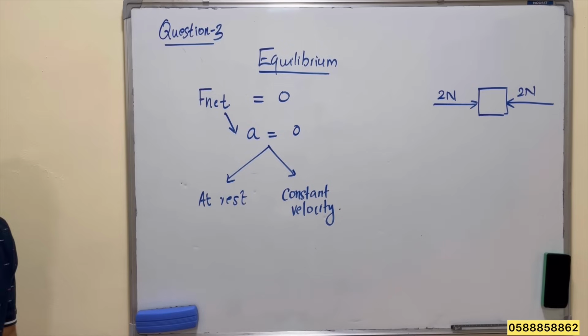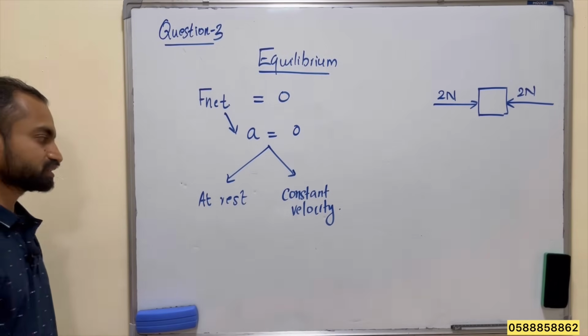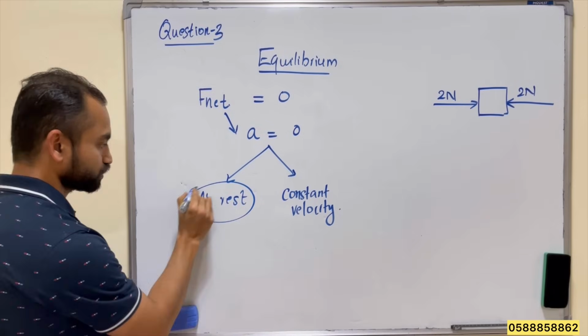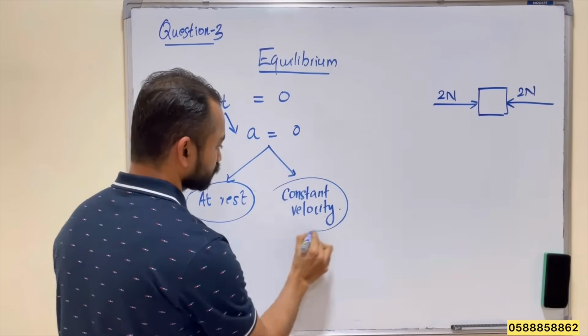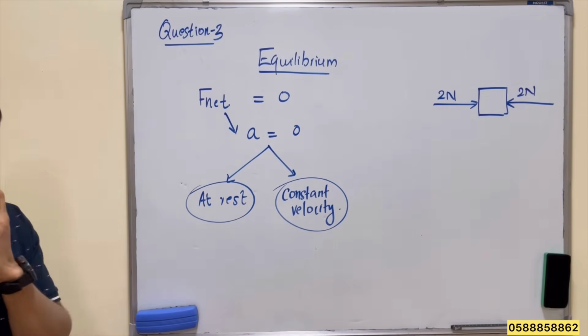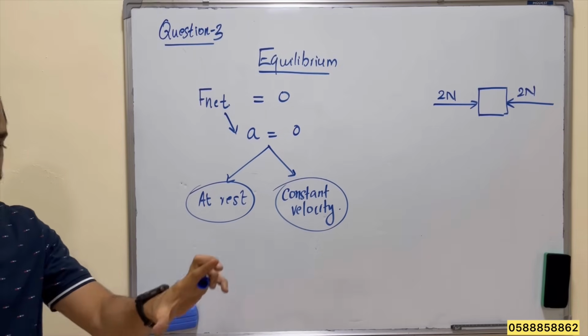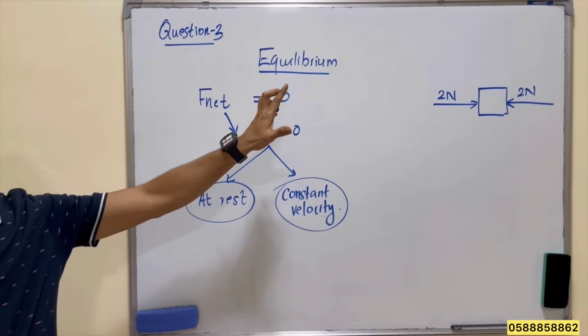How do we know the object is in equilibrium? We know the object is in equilibrium if the object is at rest or moving at a constant velocity. If any object is at rest, meaning stationary, the object is in equilibrium.